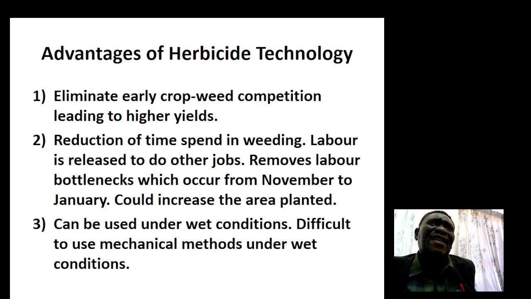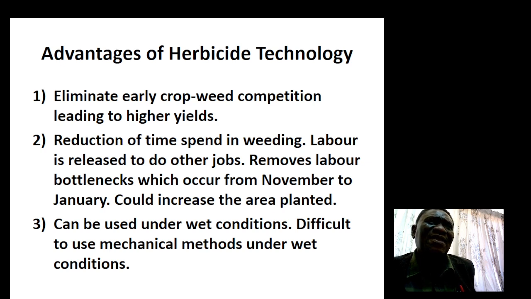So what are the advantages of herbicide technology? They can eliminate early crop weed competition, leading to higher yields. When we're talking about the critical period of weed control, you can actually reduce competition through application of the herbicides.